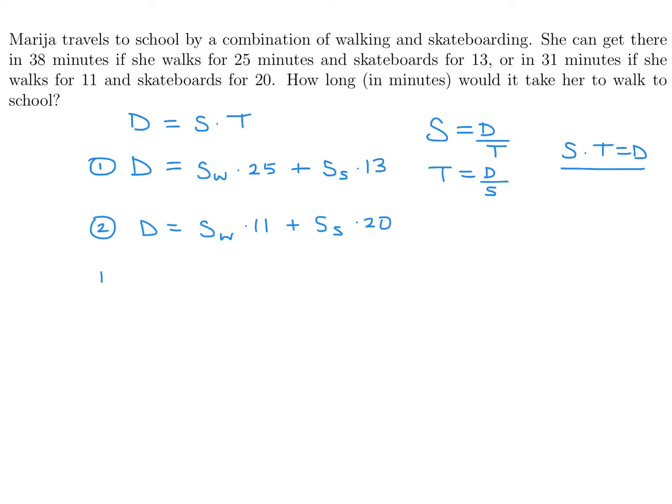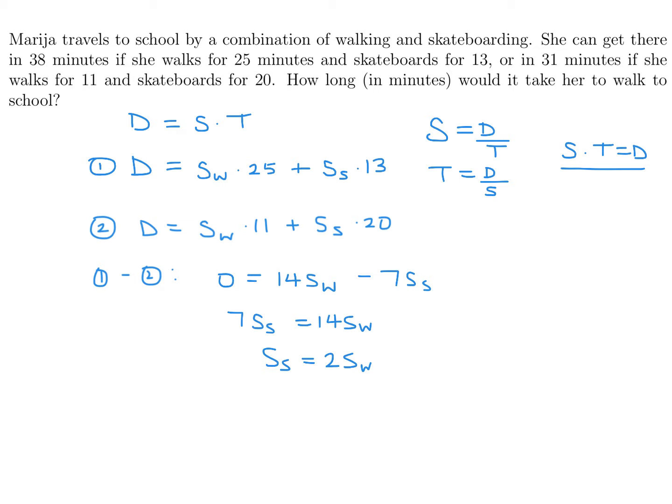Now we can manipulate these two equations. If I do 1 minus 2, I will get d minus d, which is 0. And on this side, I will get 14 SW, and minus 7 SS. So that means 7 SS is equal to 14 SW. So SS, the speed when she's skating, is 2 times the speed when she's walking. That's a pretty good result.